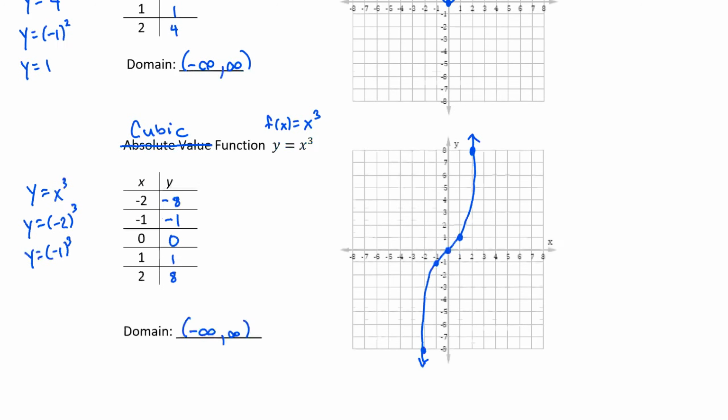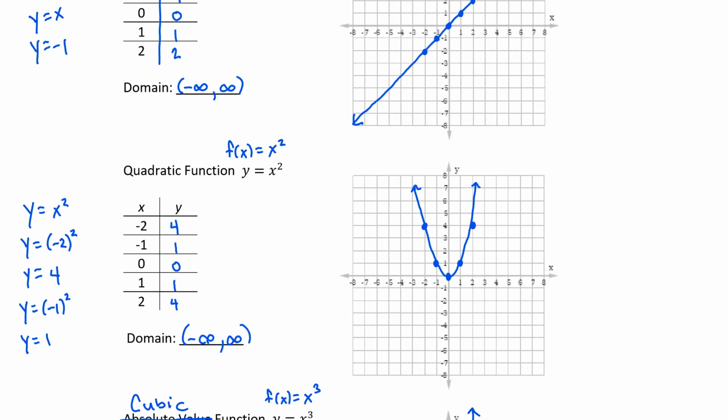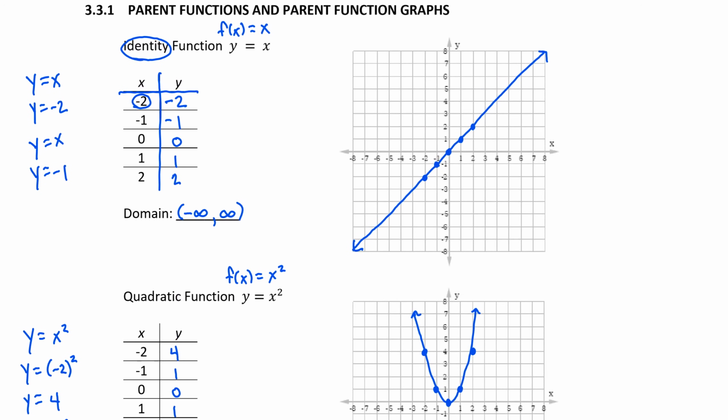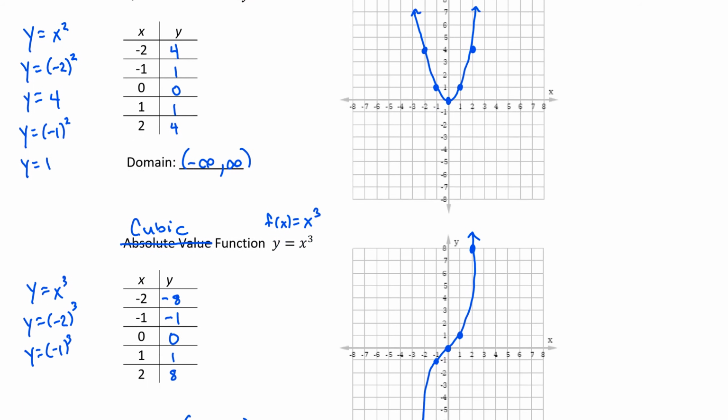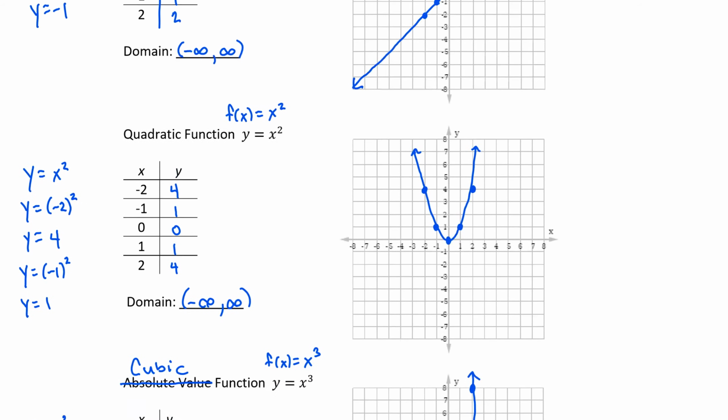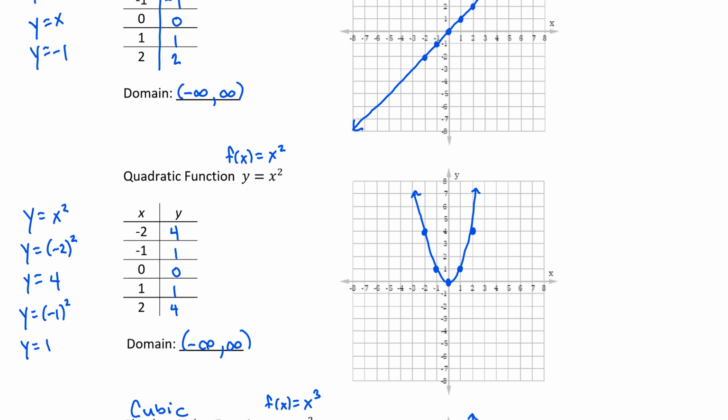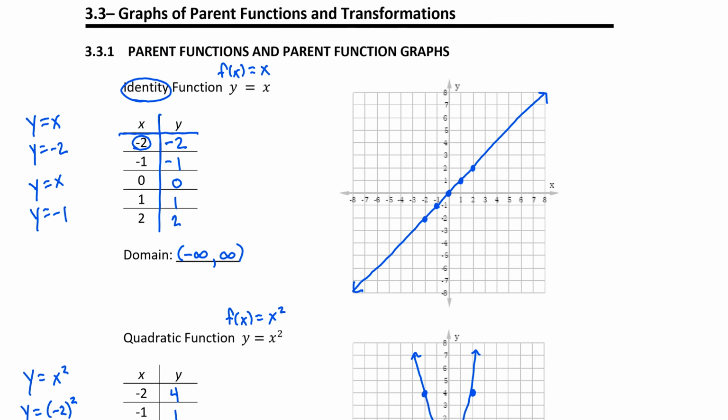So if I look at the general idea of what we just learned, we've got the first 3 power functions, x to the power of 1, x to the power of 2, and x to the power of 3. The linear function, the quadratic function, and the cubic function. The most basic linear function, the identity function, has the domain negative infinity to infinity, and so do the quadratic and cubic functions.